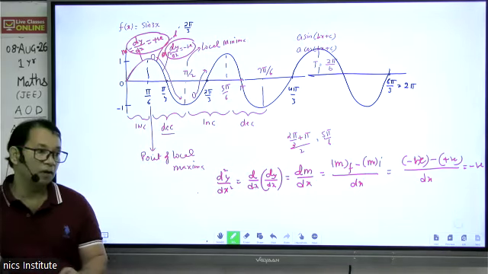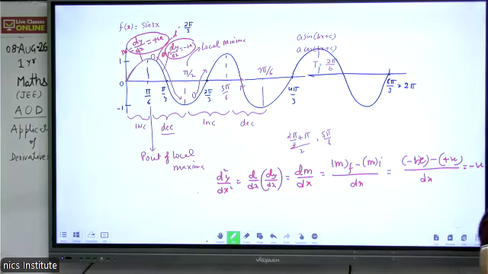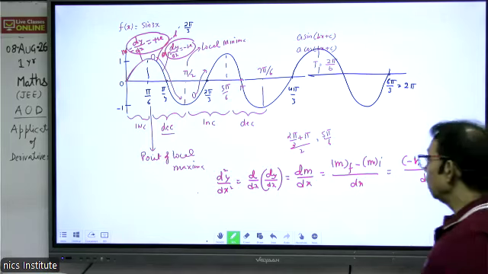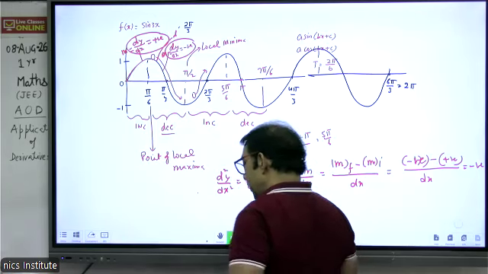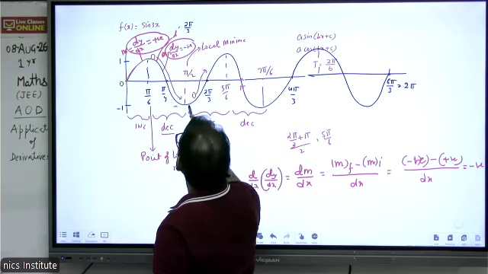So at a point of local maxima, second derivative negative होगा because slope changes from positive to negative. At a point of local minima, second derivative would be positive because slope changes from negative to positive.